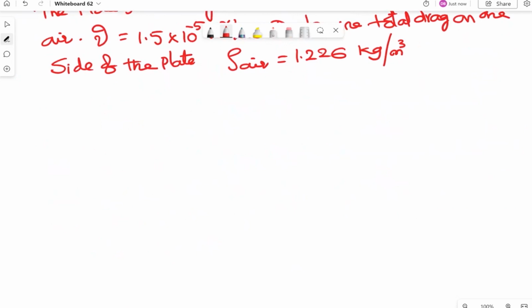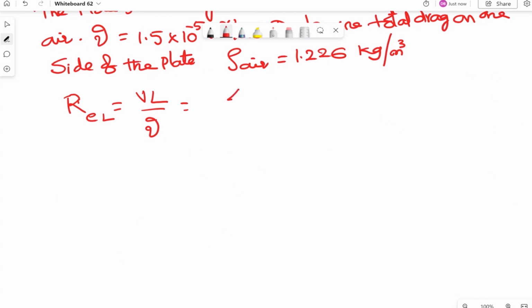So again, for any problem, to know whether it is a laminar boundary layer or a turbulent boundary layer, the only criterion is the Reynolds number. So what is the Reynolds number at the trailing edge? It is VL by nu.